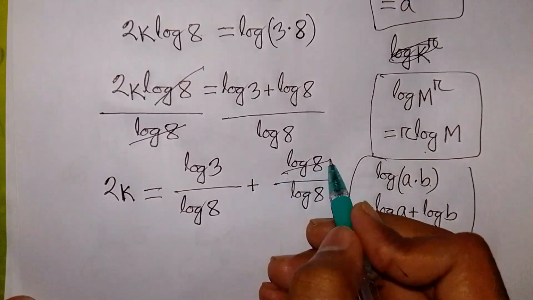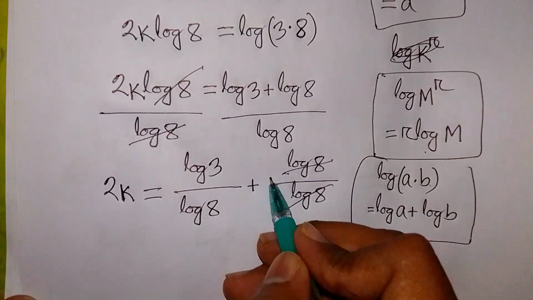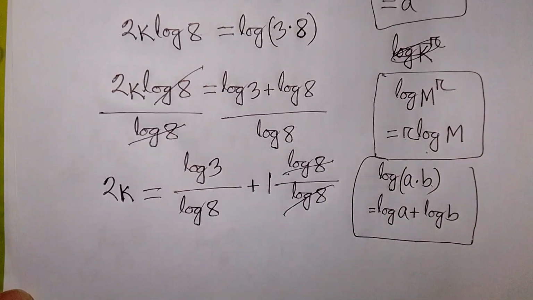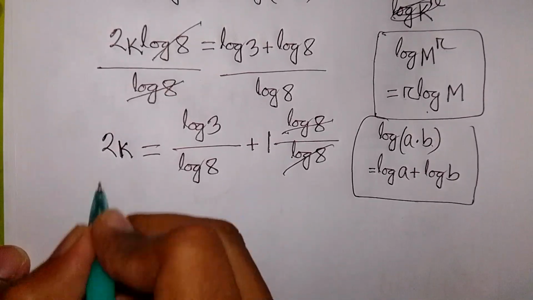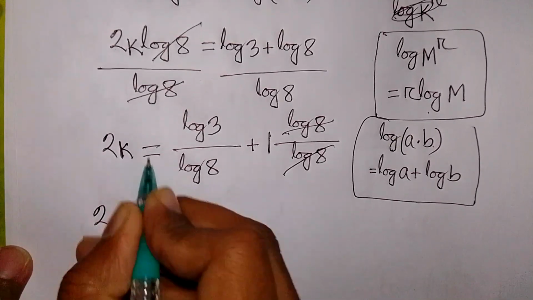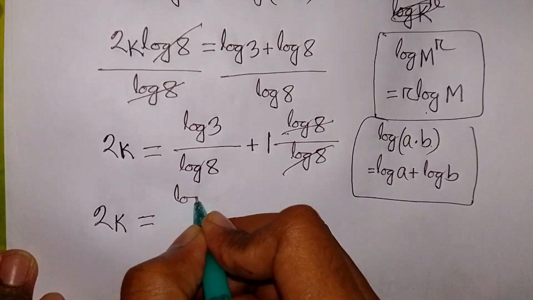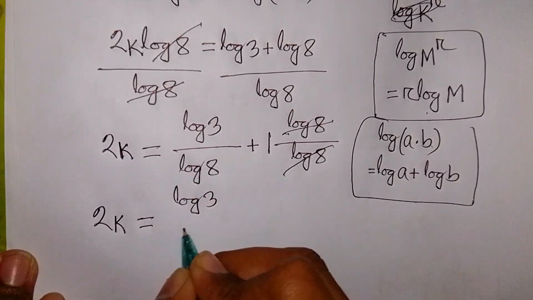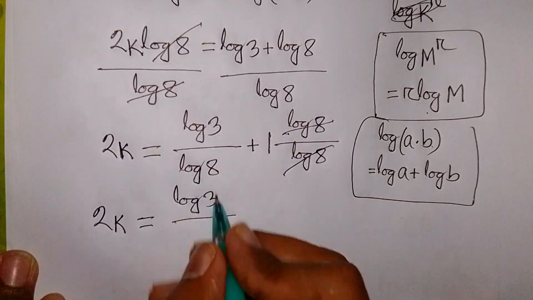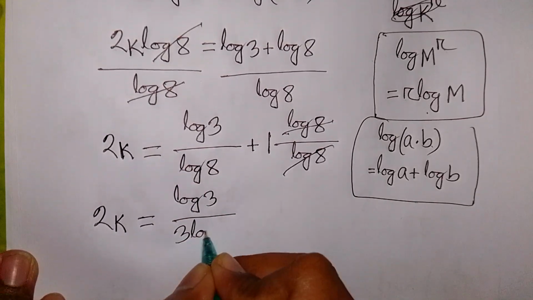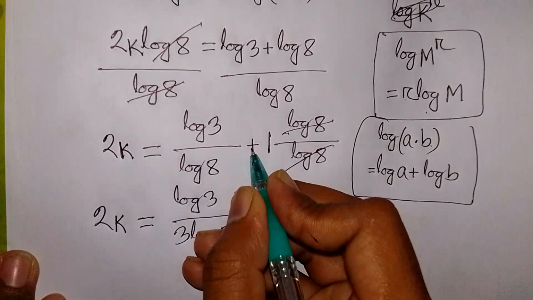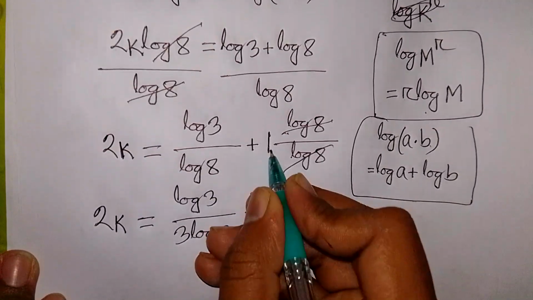So this log 8 will be cancelled, so here 1. In the next step, 2k is equal to log 3 over log 8, which is the same as 3 log 2, here plus 1.